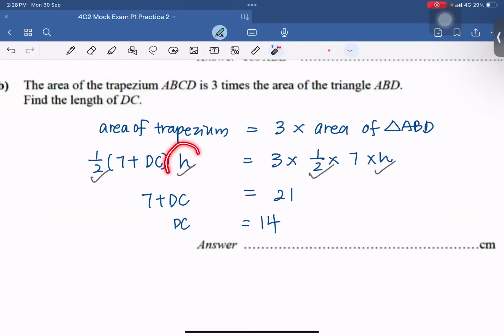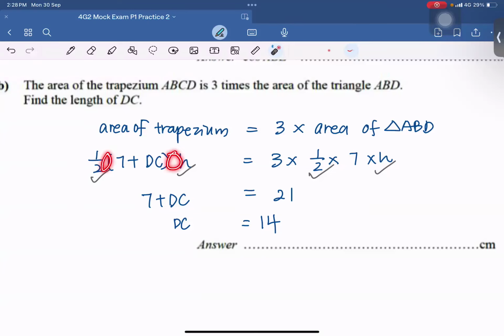both of them have multiply by h, multiply by h. What can we do to the h? Cancel. Very good. Cancel away. So h cancels. Not only that, do you see that there's a half here, there's a half here? I really don't like fractions. I can also cancel.